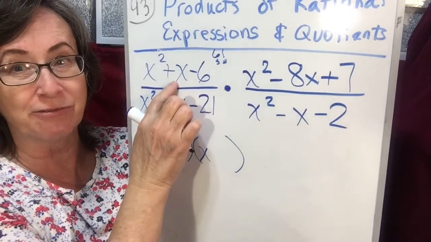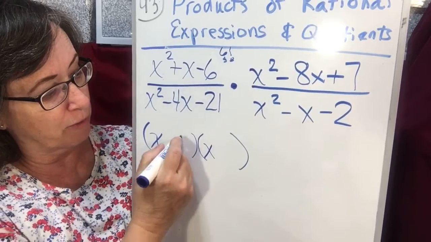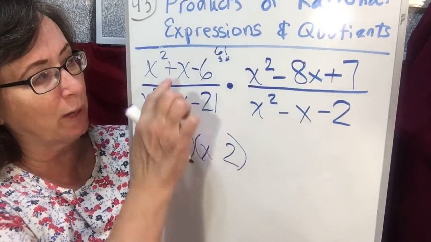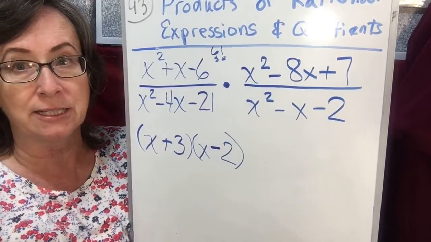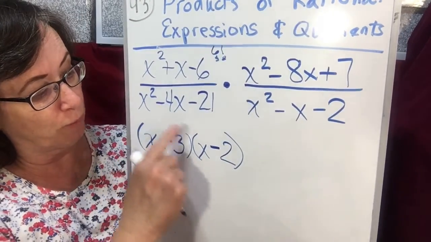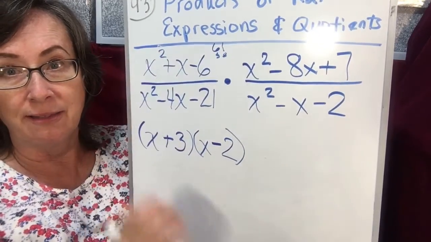We're looking for a difference of 1, so we want to choose the 2 and the 3. So 3, 2, we want it to be a positive 1, so make it a positive 3 and a minus 2.